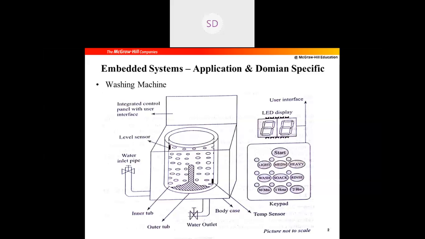The sensor part consists of a water temperature sensor. Initially this was the actuator part: a motor, a tub, a water inlet, a water pump input, all that. If I consider sensors, what are the different things you require in order to control the rotation of a motor? If you have observed, you can set a temperature, you can set the RPM, right?